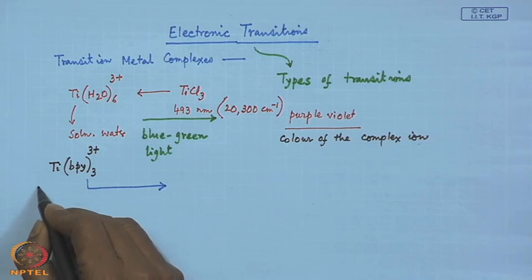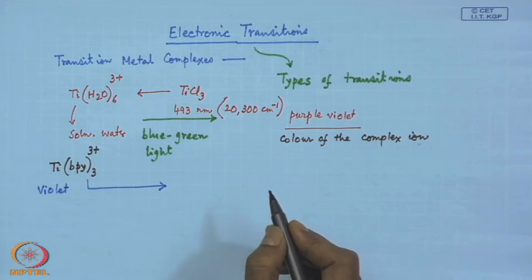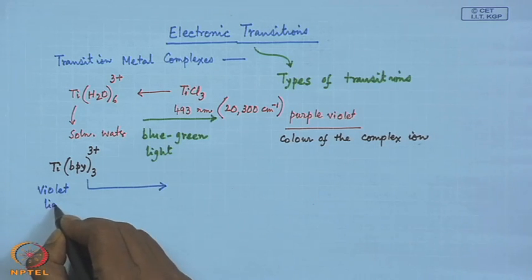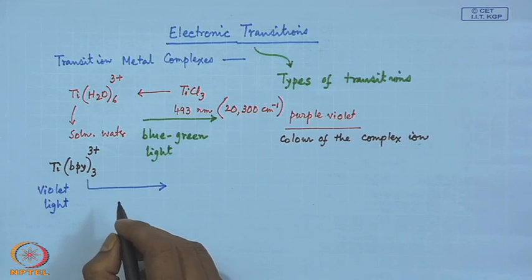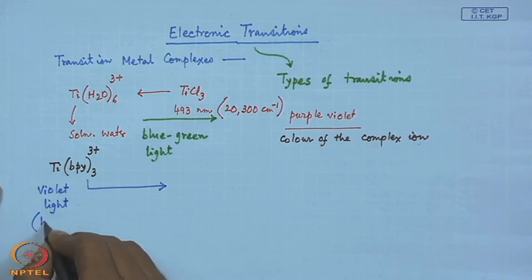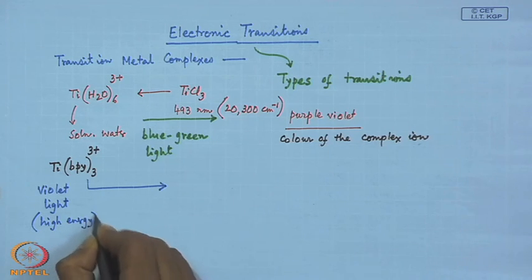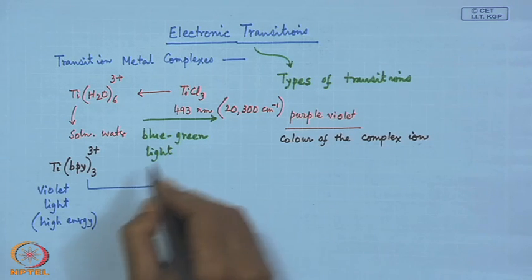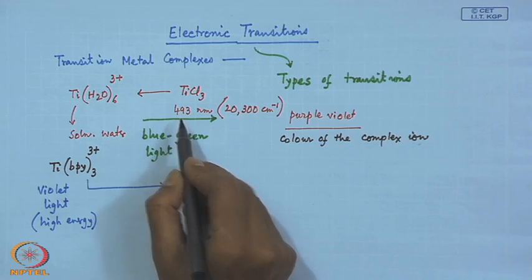So, now we expose this with violet light compared to this blue green light. So, violet light will be shed on this particular ionic species which is of high energy compared to this one, and definitely once we state that this is of high energy, it will be shorter in wavelength compared to this 493 nanometer.